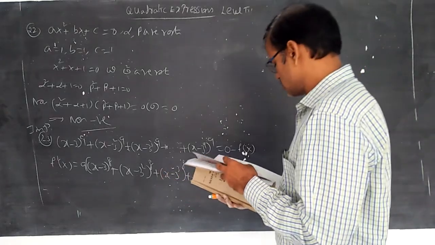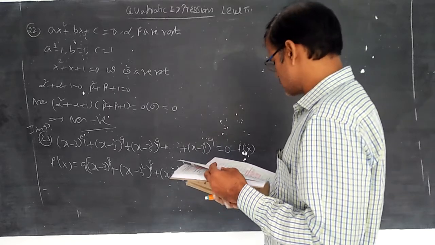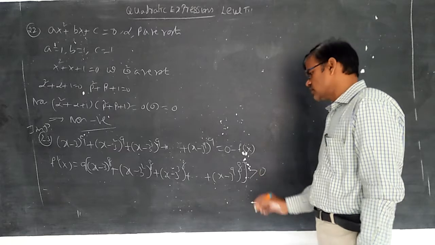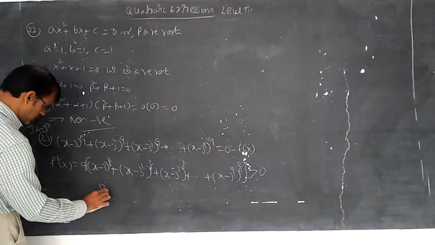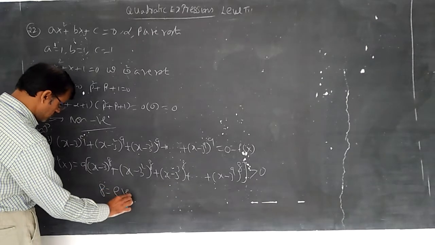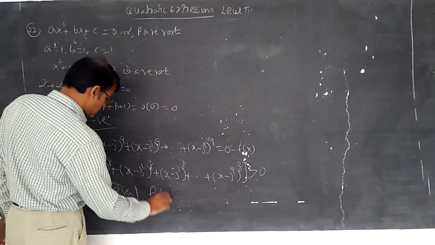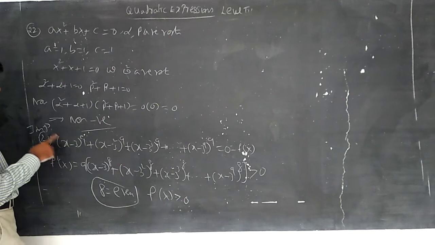f dash x has no roots. This is always greater than 0, we know. Let us discuss x whole power 8 is even. So the value of f dash x is greater than 0. Of course, the coefficient of everything is positive.